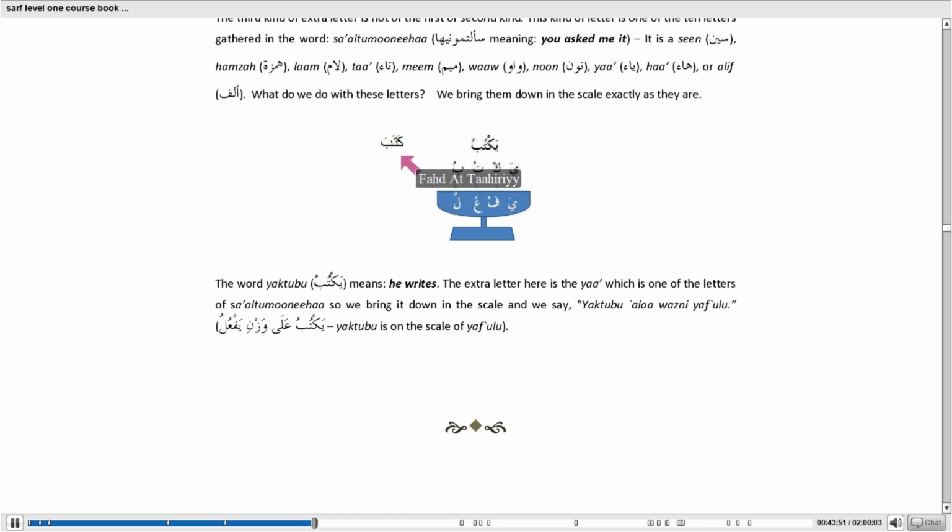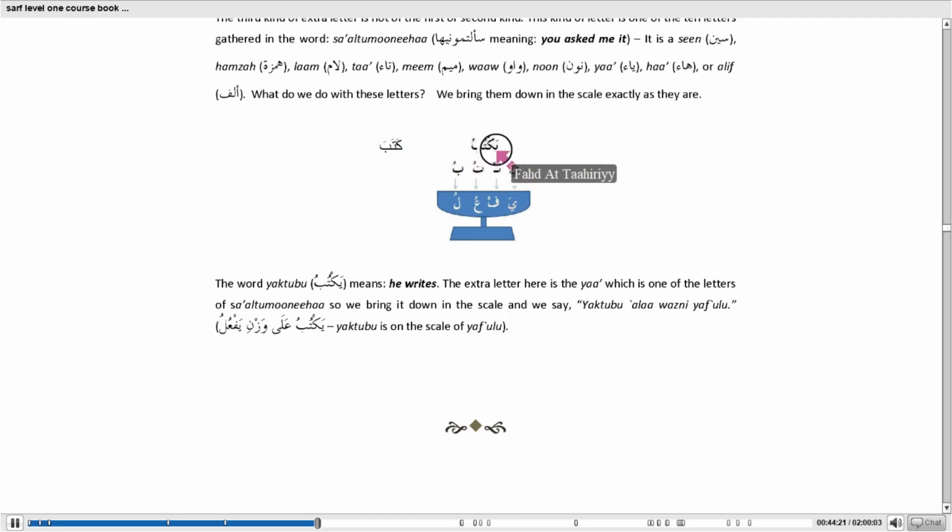Because kataba is the madi and yaktubu is its mudari'. So what are the letters which have remained and were not dropped? The kaf and the ta and the ba, right?